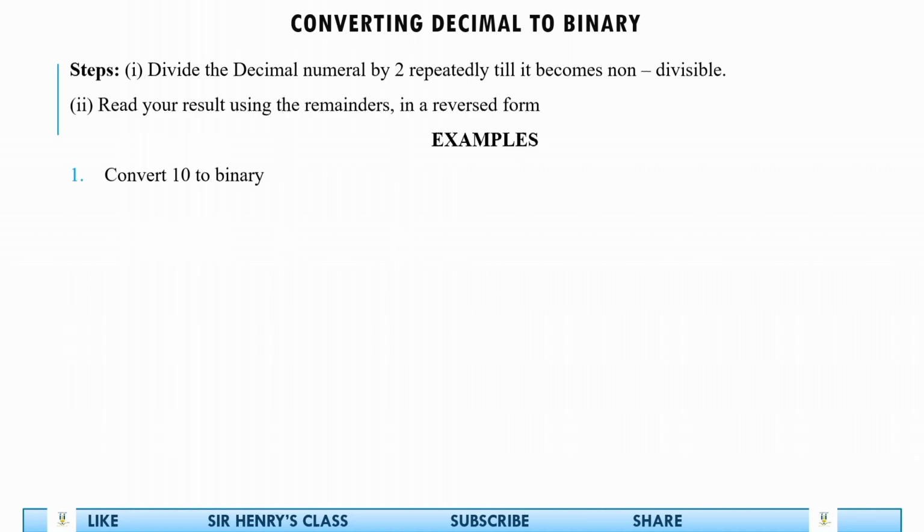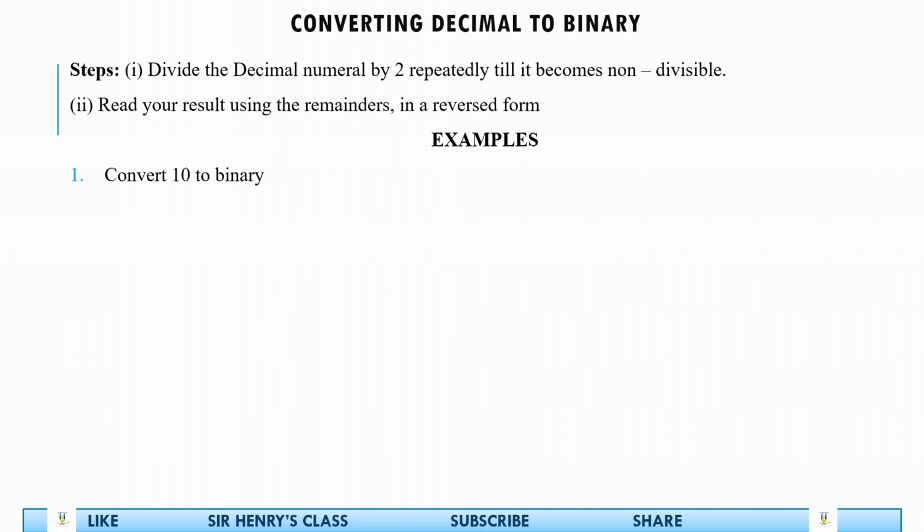You read your results using the remainders in reverse form. So anytime you are given a number in base 10, to change it to binary, you divide it by 2 till you get a number which cannot be divided again. Then you read your answer in reverse, that is from the top to down. Let's look at how we do that.